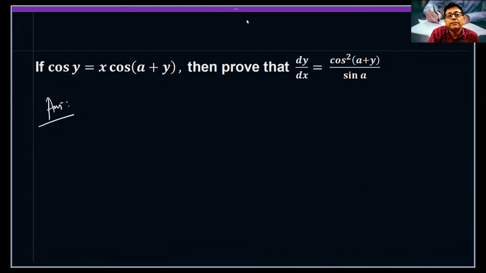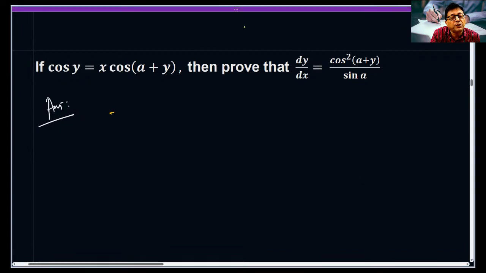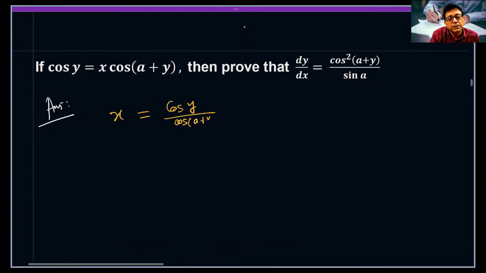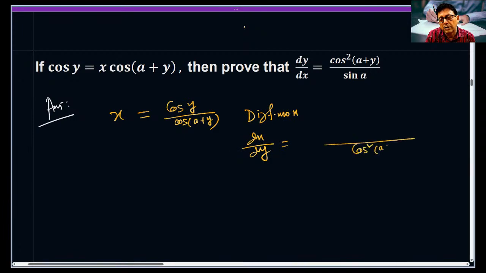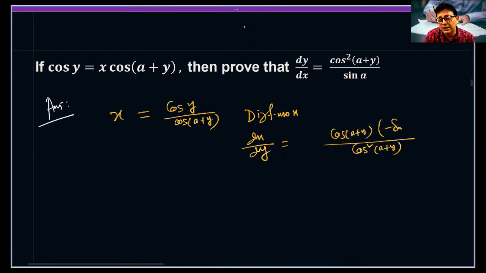Now for this kind of sum, a very common method we are going to follow. You write x equal to cos y by cos of a plus y. Dx by dy you find: cos of a plus y cos y minus sin y.